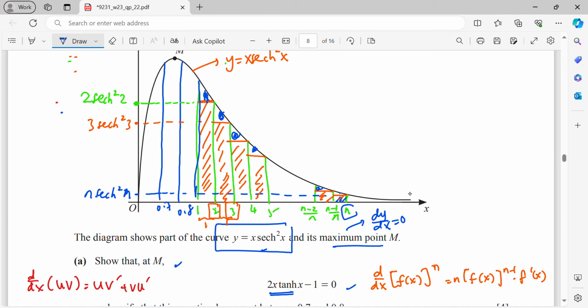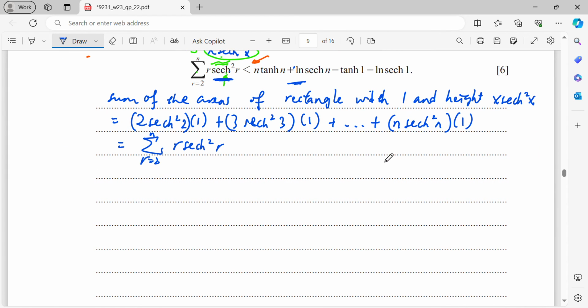Therefore, my area under the curve is basically counted from 1 until n. Here onwards. So now my area under the curve, the integral from 1 to n of y dx, that is equal to the integral from 1 to n of x secant squared x dx.